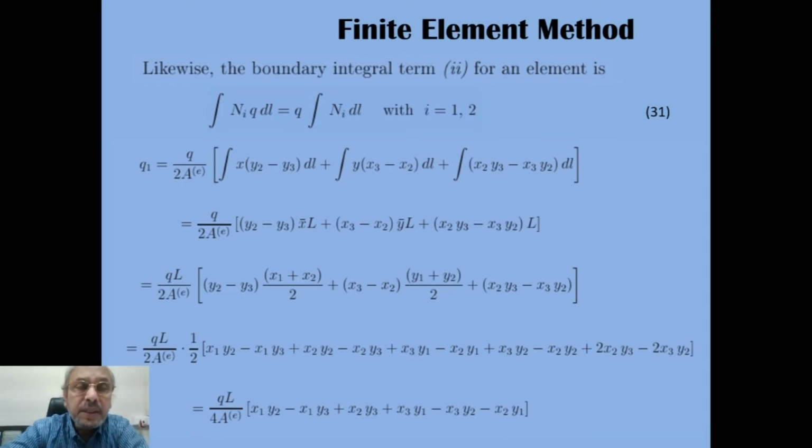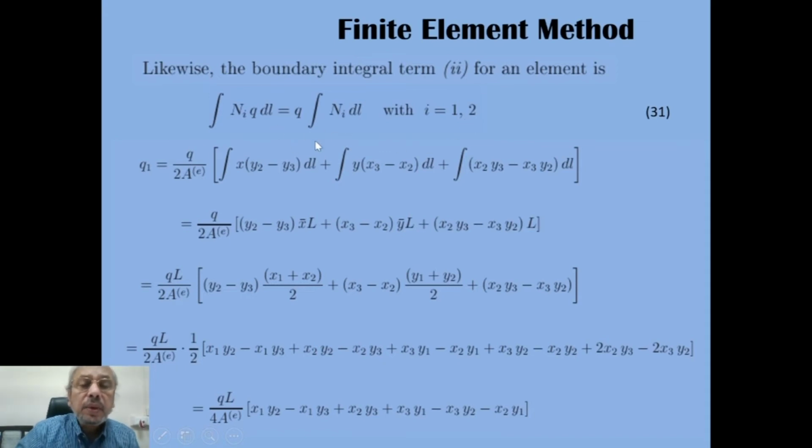So for the triangular element which is falling on the boundary, we will have Ni, which is the shape function at the 2 points of each triangle that are falling on the boundary. When we perform the integral of Ni q dl, we can write q times the integral of Ni dl, where i varies between 1 and 2.